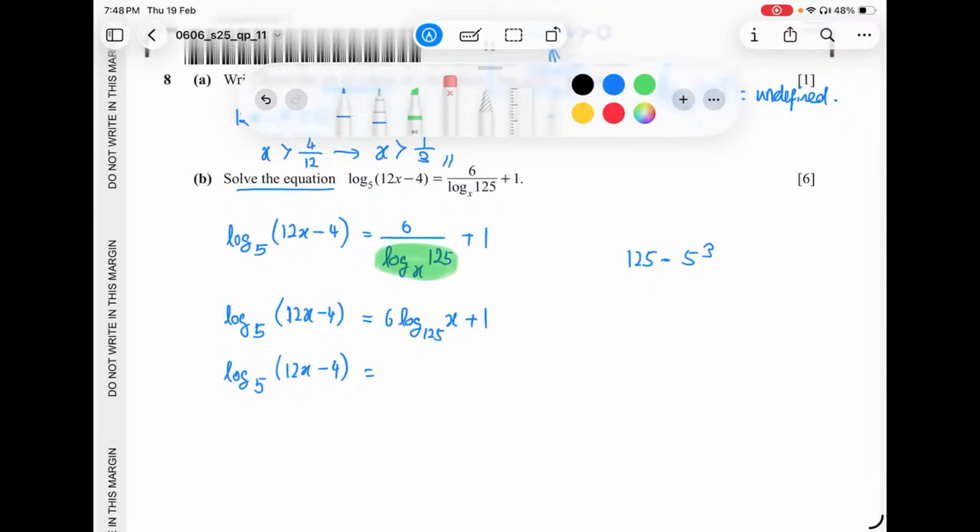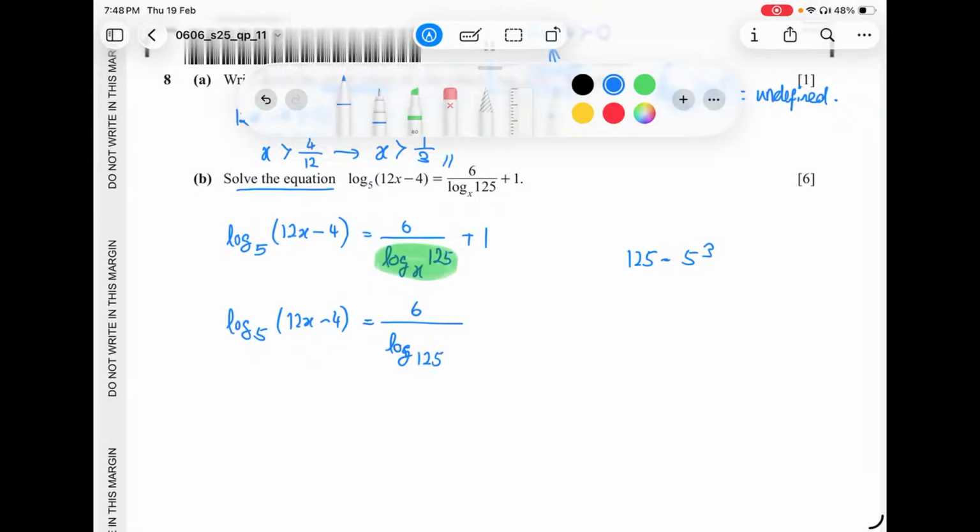Before we convert it here, that's one of the things. Before we convert this to the base, we can write log 5 of 12x minus 4 equals 6 over log base x of 125, or rather, sorry, log base x of 5 cubed.